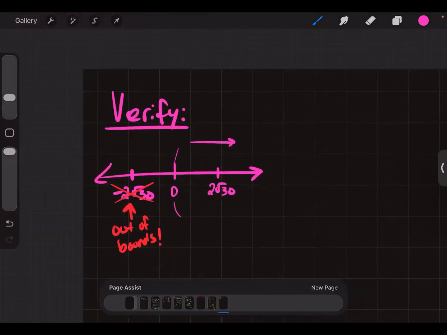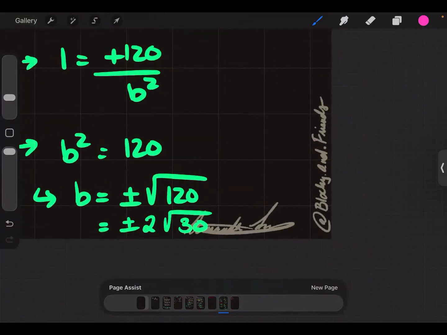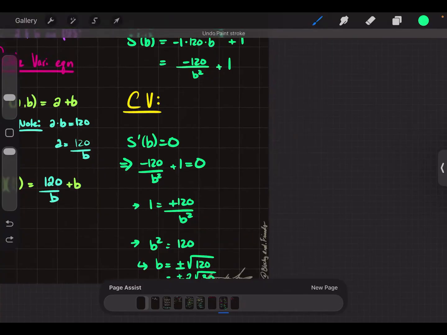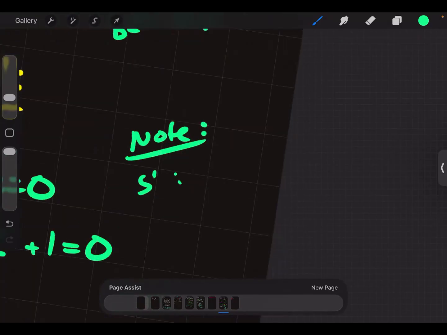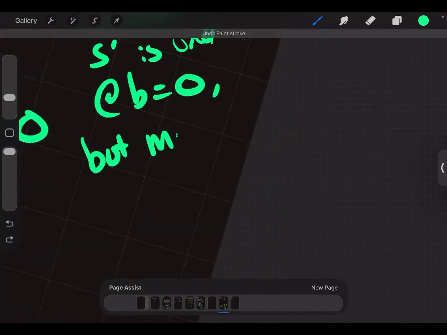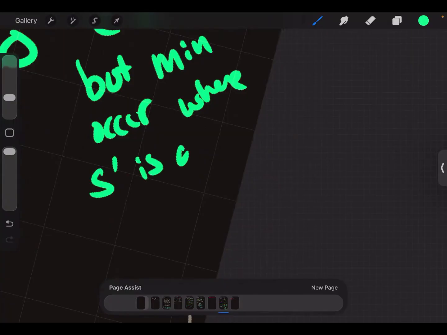Now, to be very specific, for critical values, you also have b equals 0 because your function's undefined there, right? S prime is undefined at b equals 0, but mins occur where S prime is defined.